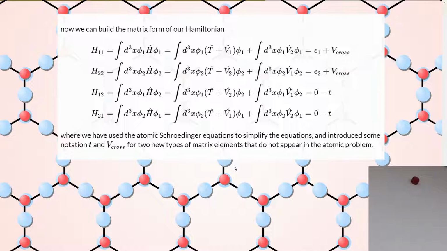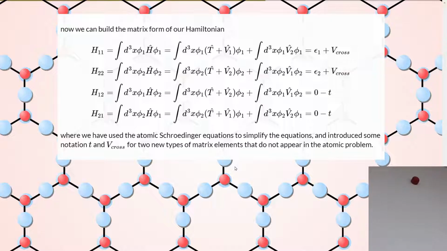So the way I've written it down, the Hamiltonian, remembering from the previous slide, is the kinetic energy plus the potential interaction with nucleus 1 plus the potential interaction with nucleus 2. They're linear operators, so I can split it like this: T plus V1 sandwiched between phi 1, and then V2 sandwiched between phi 1.